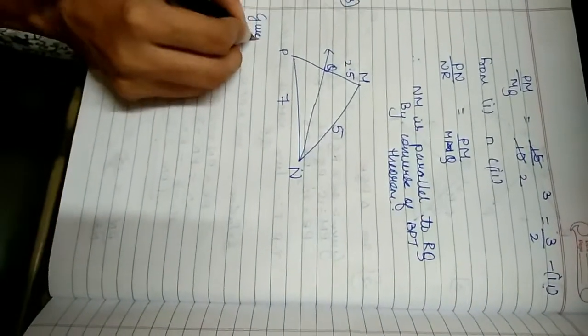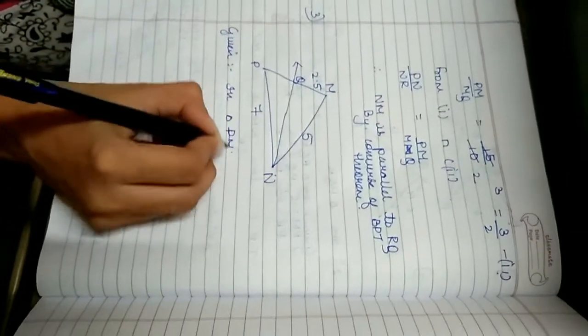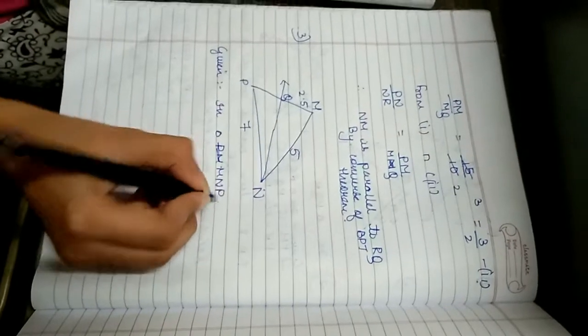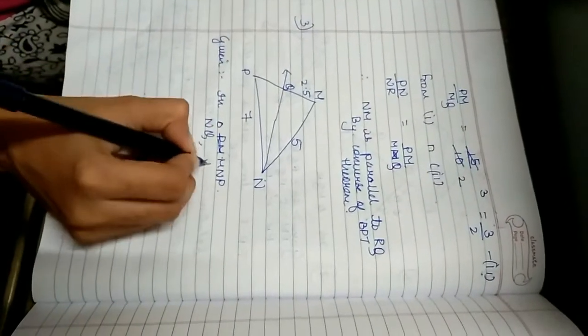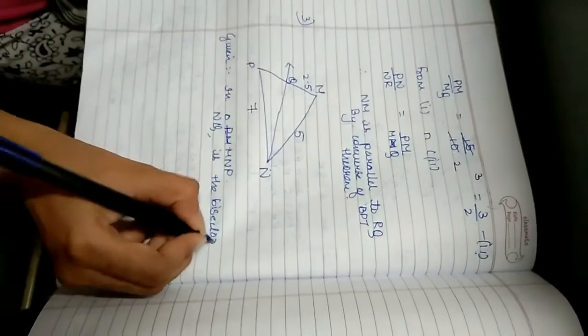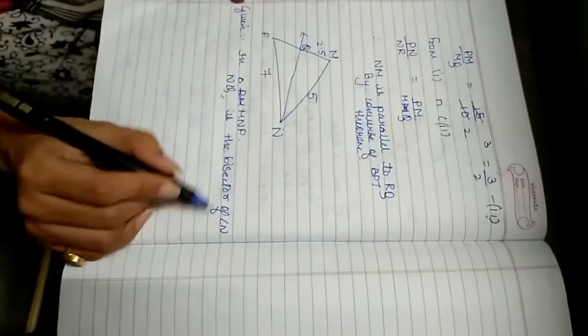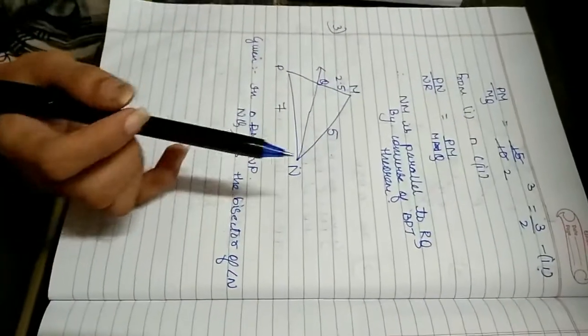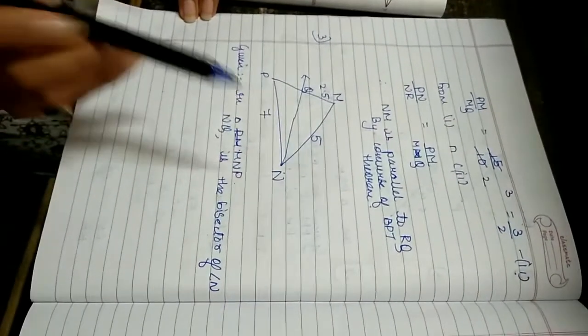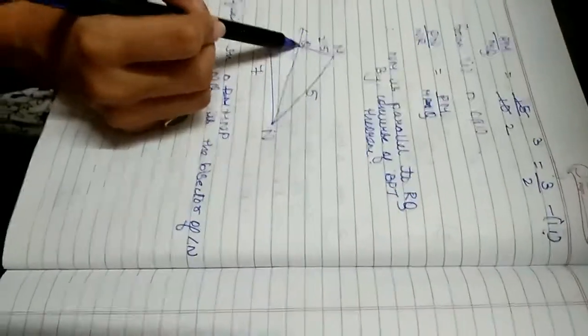Given in triangle MNP, NQ is the bisector of angle N. Since NQ is the bisector of angle N, you will use angle bisector property, that is NM upon NP, the two remaining sides, is equal to MQ upon PQ. Substitute the values, you will get the answer.